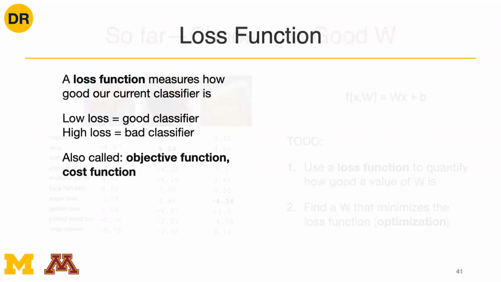So to do that, in today's lecture, we'll talk about loss functions, which basically measure the current trained model, or the W. If the loss is low, we say that we are doing a good job in terms of classification. If the loss is high or huge, then it's a bad classifier, a bad model at this point.